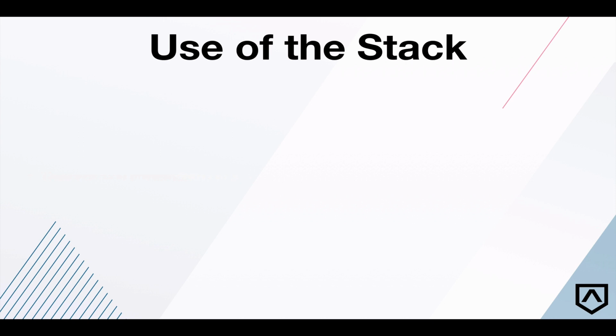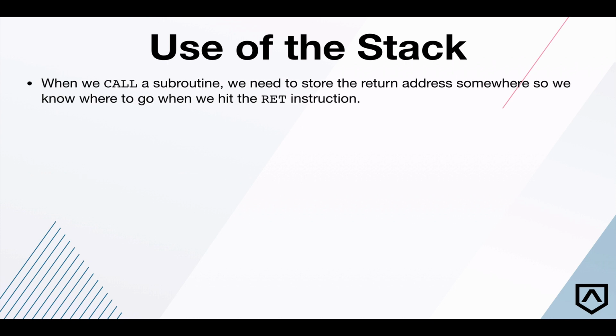Well, when we make the call, we need to remember somehow where we're supposed to come back to after we return later. So we have to store that return address somewhere. Otherwise, return doesn't know where to go. So most CPUs use their system stack to store the return address.